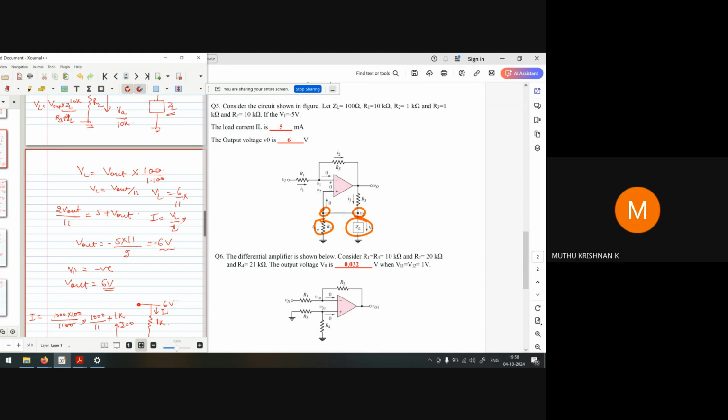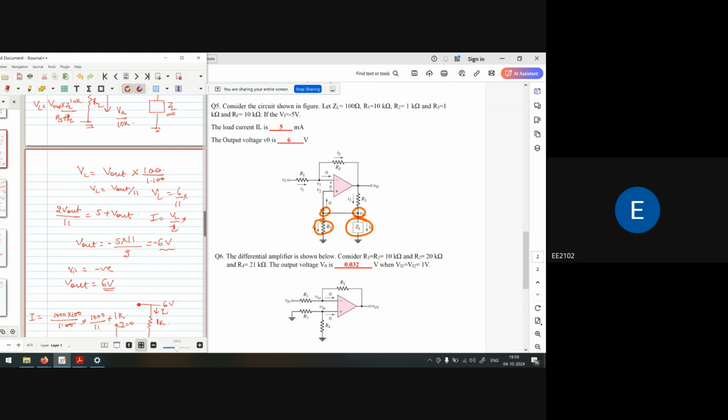Yes sir. But before that, we also make the parallel equivalent of R2 and ZL, right? Parallel R2 and ZL. Did we do this in this calculation? This is only if we are using it for the calculation of the current.